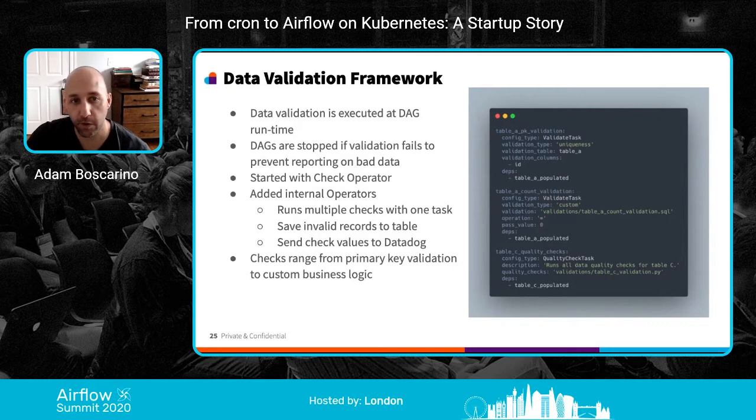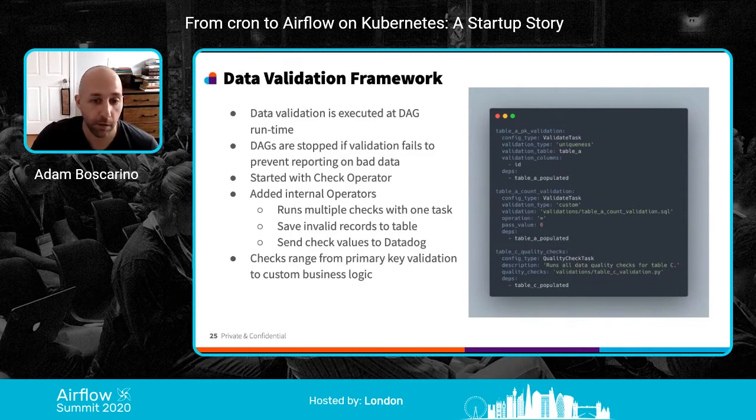And so we started with the standard check operator, which again is in the upstream project, and that worked really well. It executes a SQL statement, tells you if the value passed or not. We've recently started to add some additional features and create our own internal operators to make it a little easier to debug failures. Like for instance, we are now writing data to a permanent table if it fails or has invalid records.